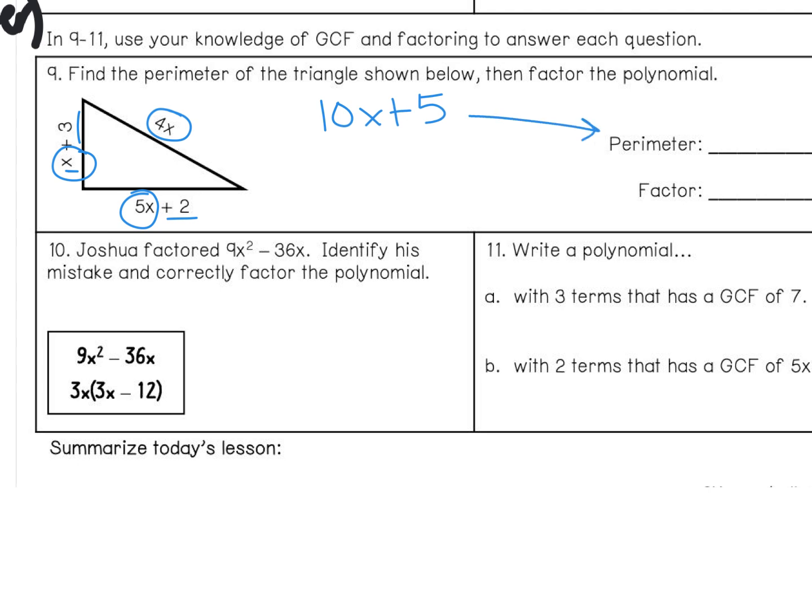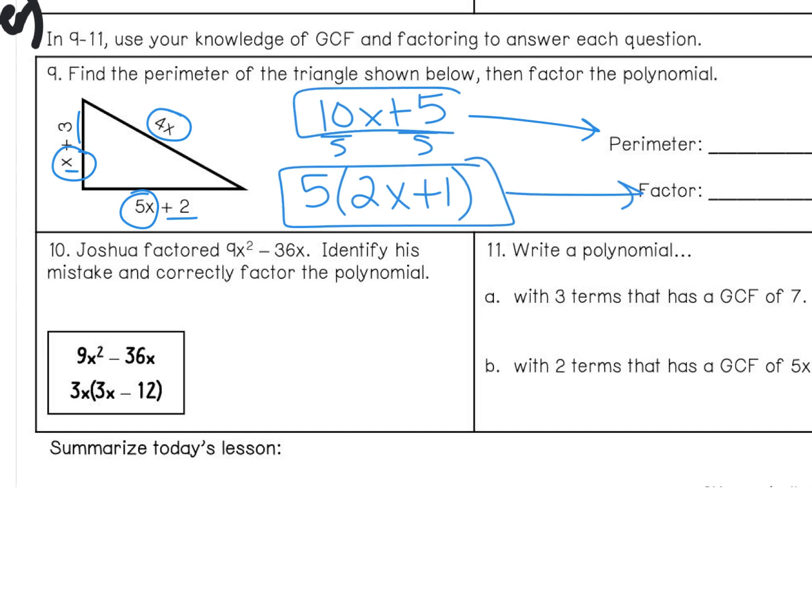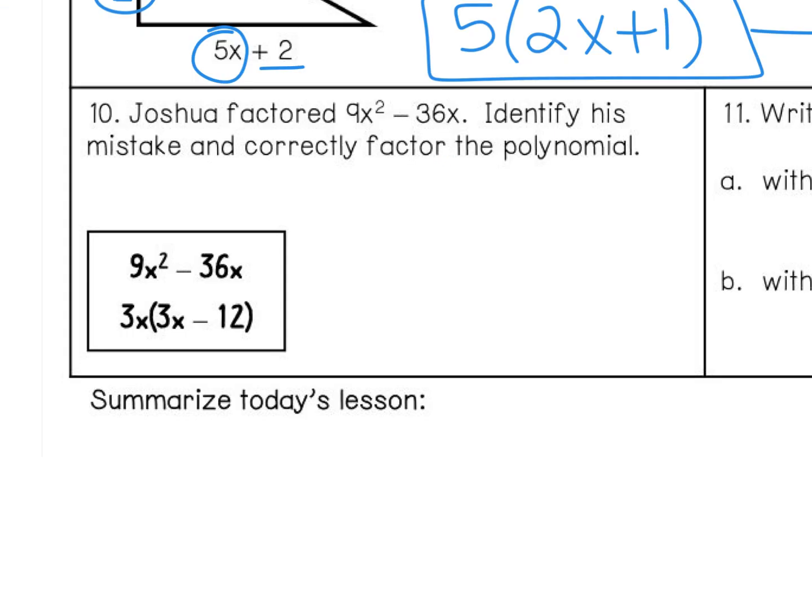And then what's the GCF now? 5. So you're technically dividing this by 5, right? If you can do it in your head without writing that divide by 5, that's fine. So we get 2x plus 1. This is going to be your factor. This was your perimeter.